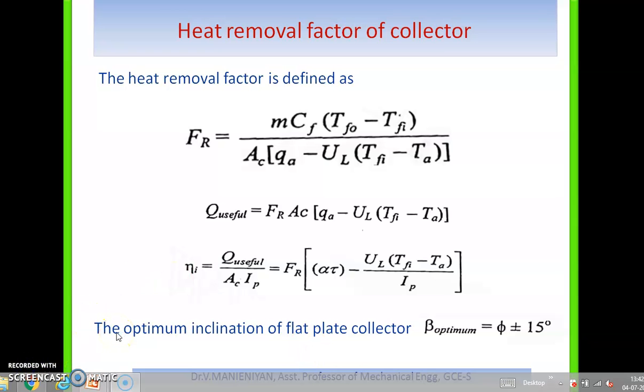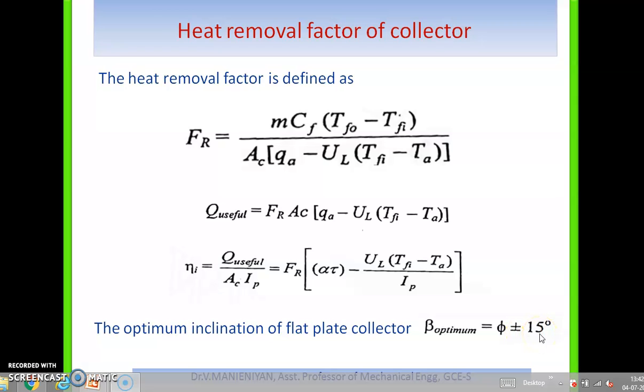The variation of solar radiation with the inclination of the surface depends on the latitude, the orientation, the time of day and the day of the year. So the optimum inclination should be chosen to receive the maximum radiation. On this basis, the optimum inclination is beta optimum equals psi plus or minus 15.